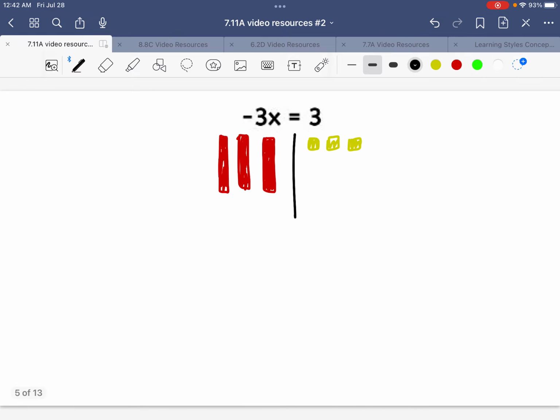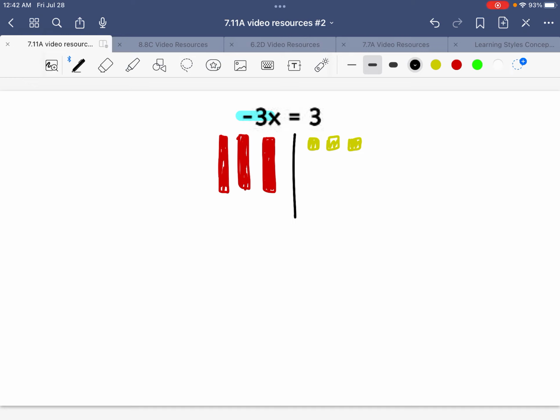Our last example that we're going to take a look at is similar to the previous problem. So notice that we have a coefficient of negative 3. So it says negative 3 x's, which is why we have 3 of the negative x's shown with our red algebra tiles. And that is equal to a positive 3.